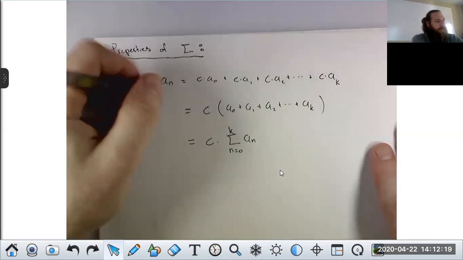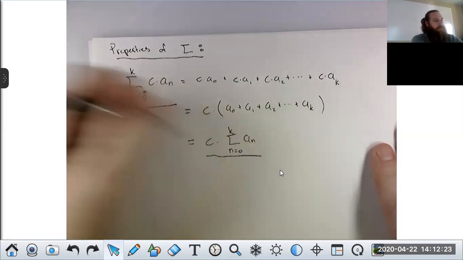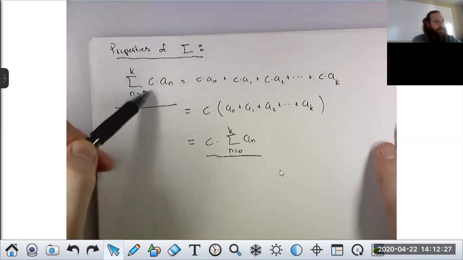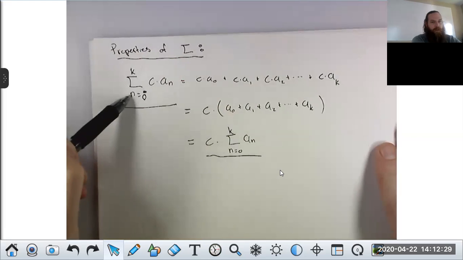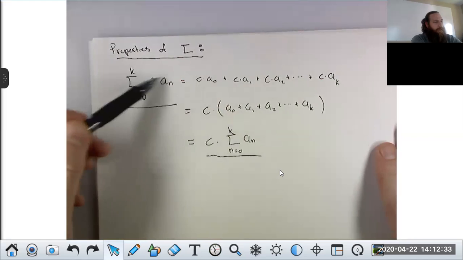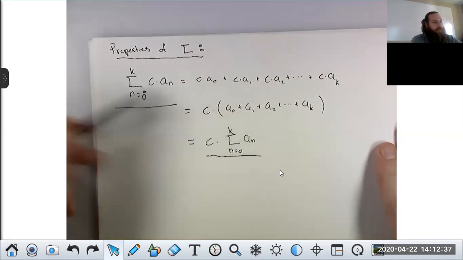So constants can pop out. That's the idea. If I have a constant inside a series, that is a piece that doesn't have any of these guys in it, whatever this index of summation is, and it's multiplying what's going on inside, then that's the same as multiplying on the outside of sigma.